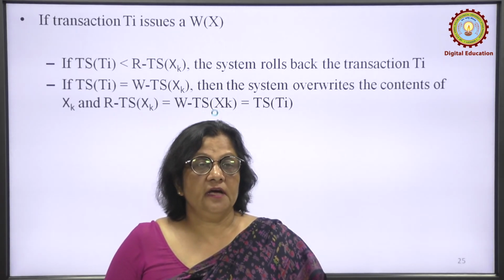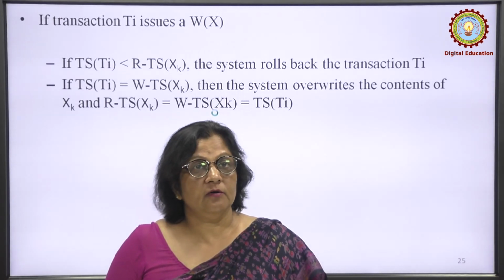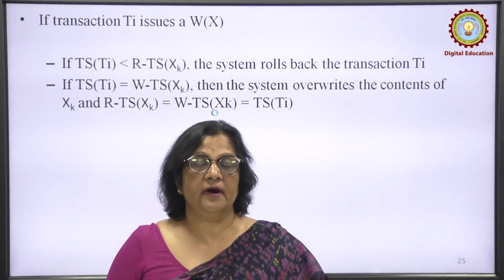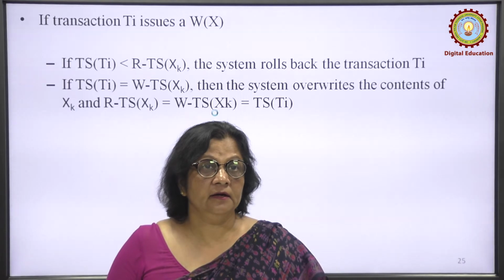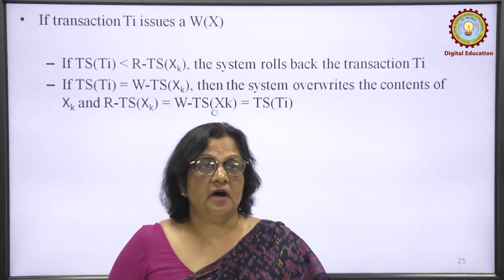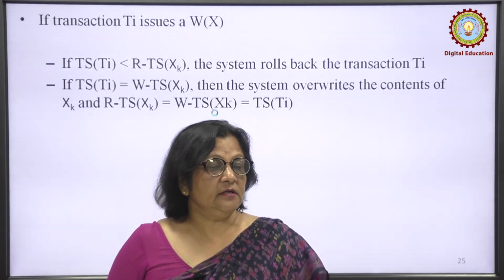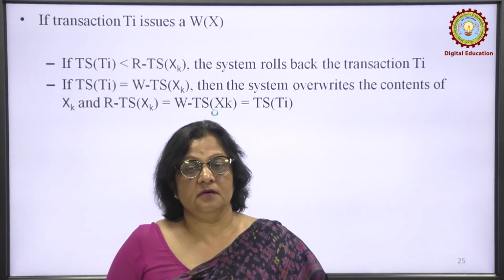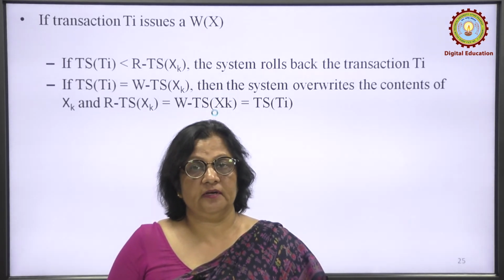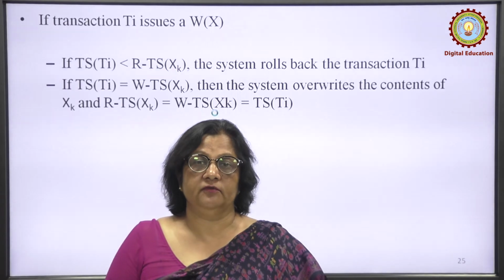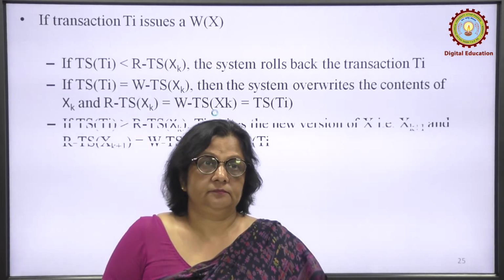If TS of Ti is equal to the write timestamp of xk, then the system overwrites the content, and the timestamps are set: write timestamp of xk equals read timestamp of xk equals timestamp of the transaction Ti.